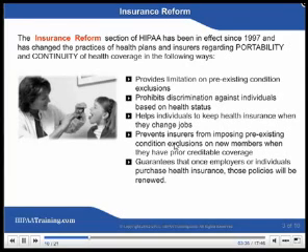Prohibits discrimination against individuals based on health status. Helps individuals to keep health insurance when they change jobs. Prevents insurers from imposing pre-existing condition exclusions on new members when they have prior creditable coverage. Guarantees that once employers or individuals purchase health insurance, those policies will be renewed.